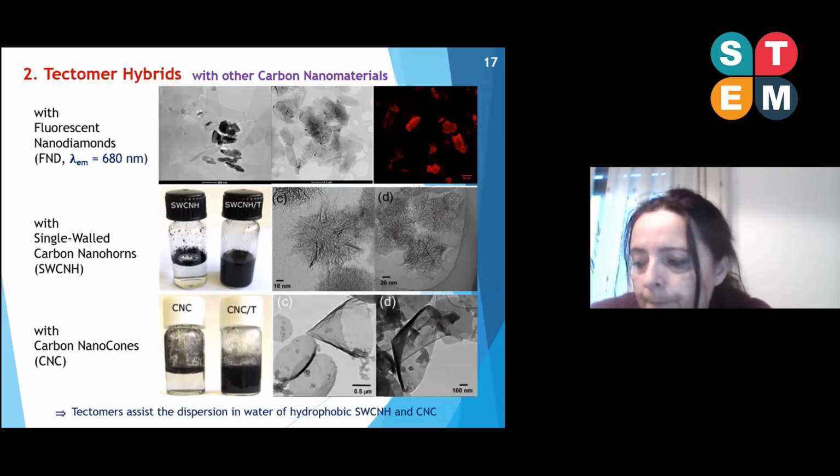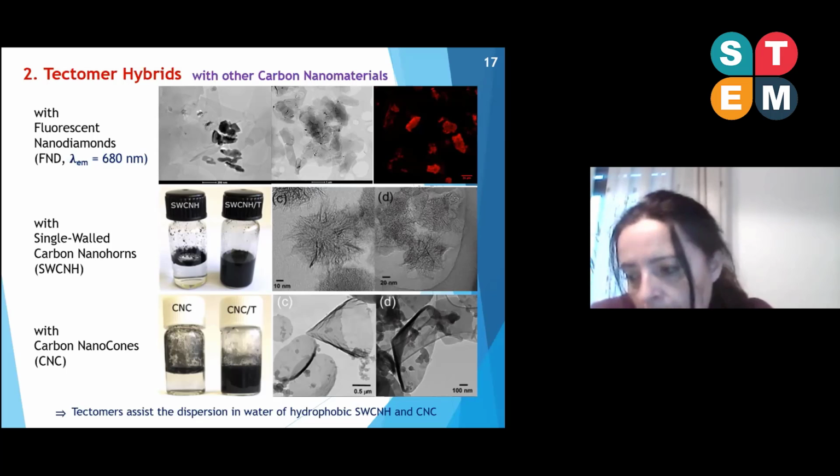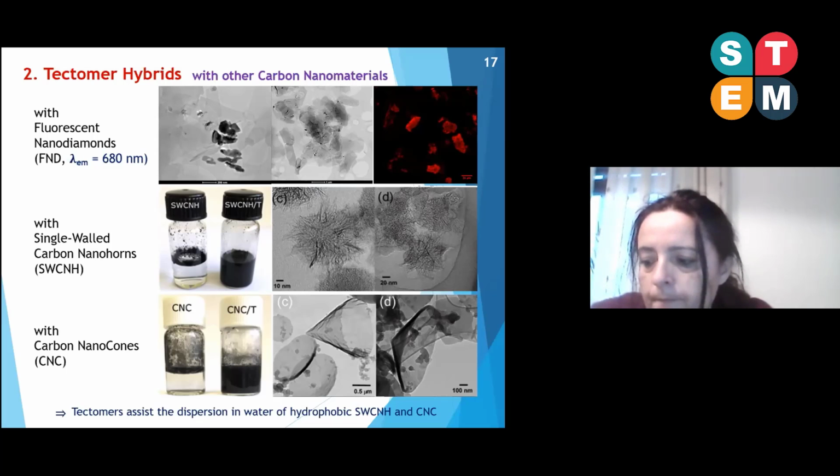As for single-wall carbon nanohorns and carbon nanocones, Tectomers assist the dispersion in water of these highly hydrophobic nanomaterials. XPS spectra suggest that electron density donation from amino groups in Tectomers to the pi system of carbon nanohorns and carbon nanocones occurs.